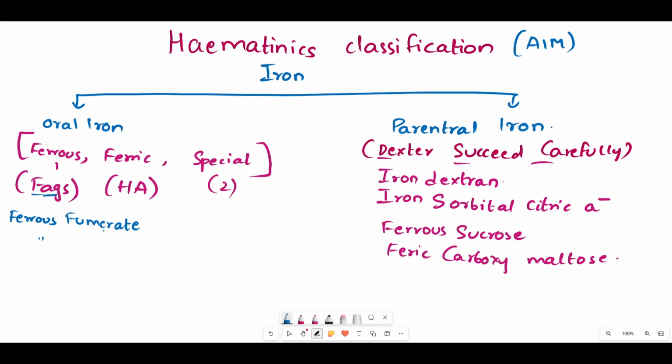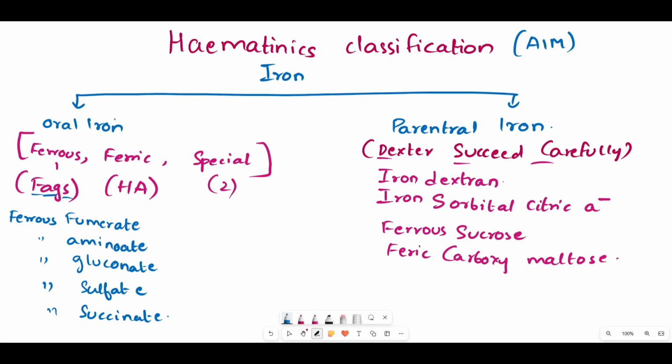A means it is aminoate. Then third one is ferrous. G means it is gluconate. Then fourth one is ferrous. S means it is sulfate. It can also be ferrous succinate. So you got the 5 drugs here.